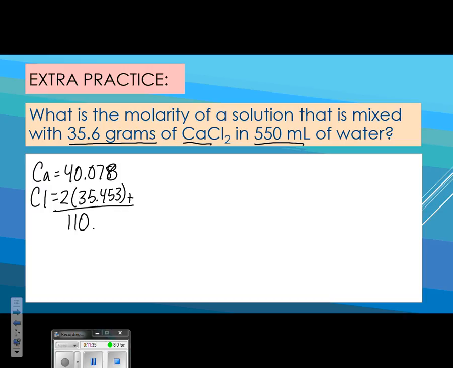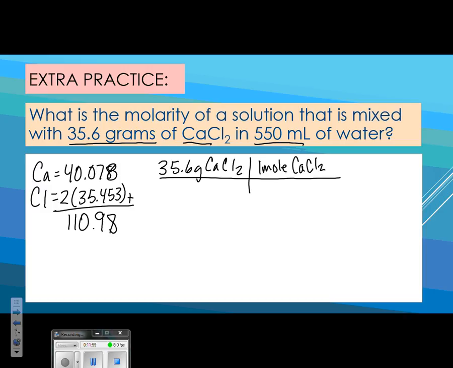110.98. Okay, so then I'm going to take my 35.6 grams of calcium chloride and I do a factor label or a dimensional analysis, whatever you want to call it. And on top I'm going to put 1 mole of calcium chloride.